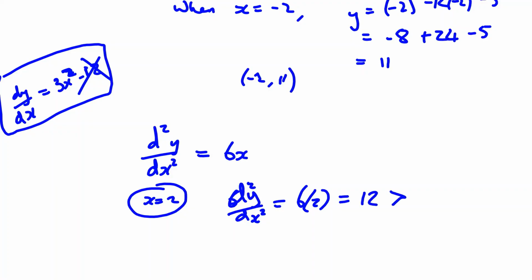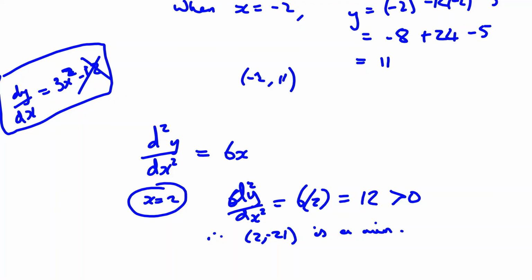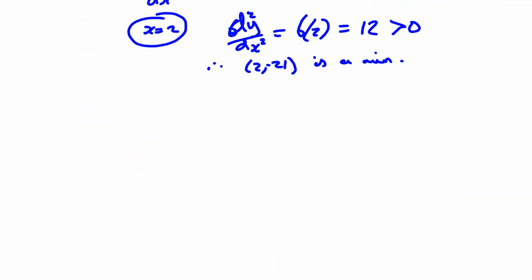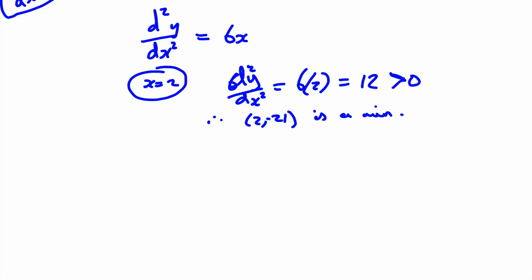Now, if this is greater than 0, this tells me that that point, 2, minus 21, is a minimum. So it's kind of like the opposite to what you think. If it's greater than 0, it's a minimum.